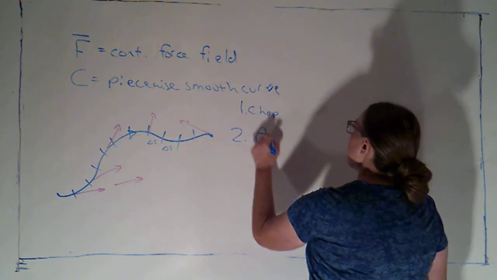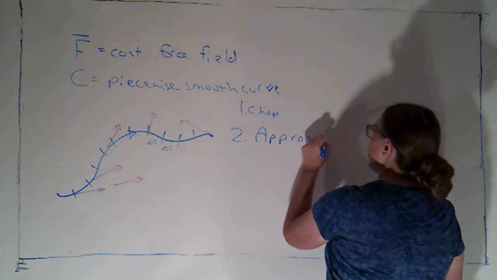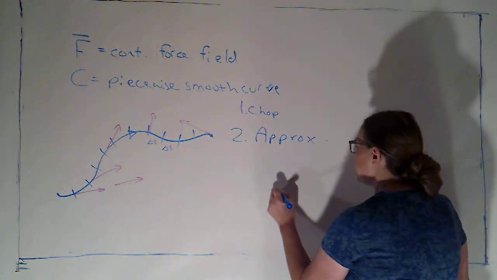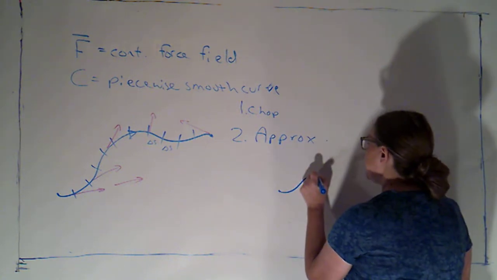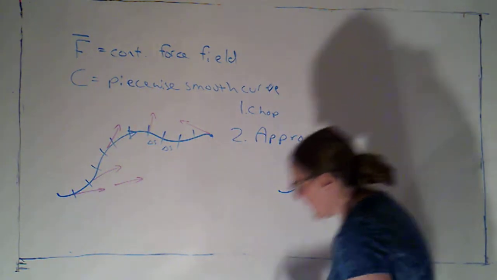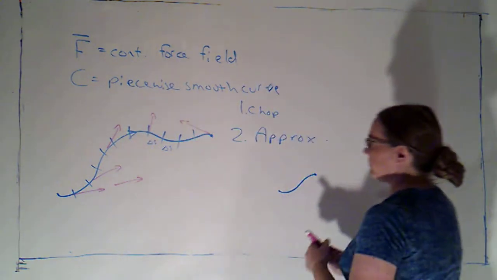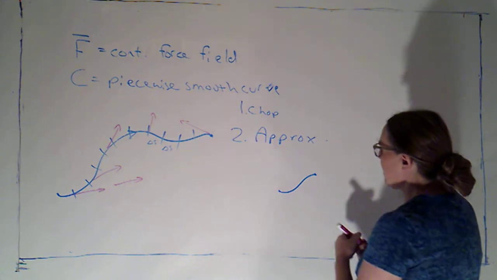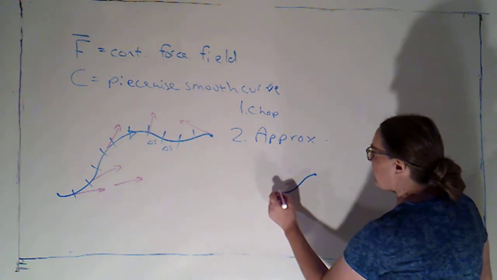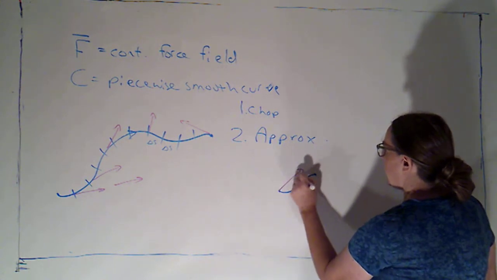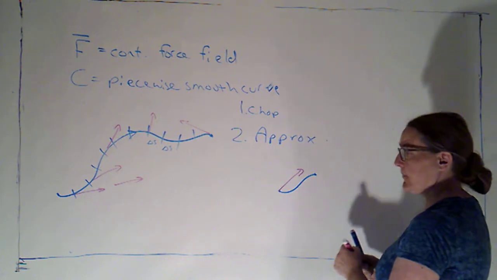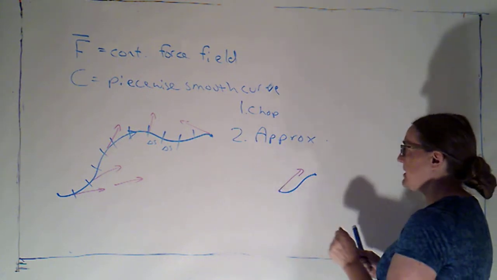Now I need to approximate the work that's done over each piece. So let's just say that this is the ith piece of curve that we have here. And let's suppose that the vector that we have for the force at this point is here. So I'm going to just choose this as my representative point right here.